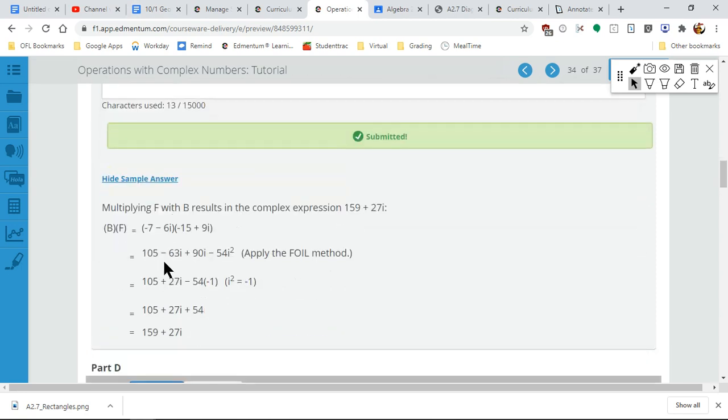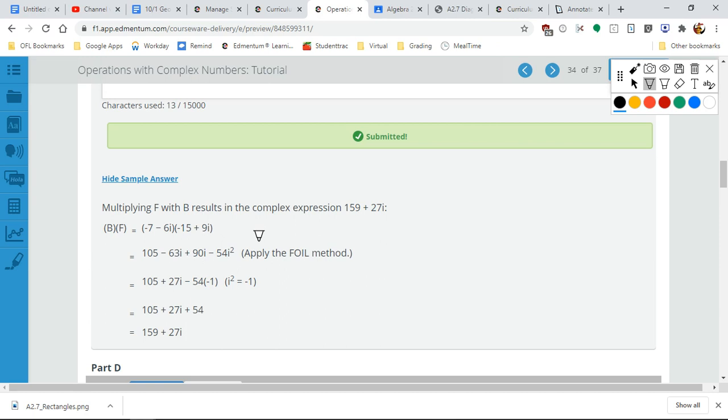So what's happening here is as we do FOIL, this gets to 150. These two, see my middle terms? This was my rainbow method, basically. This was my outer and my inner, because the I squared would always make a negative 1.